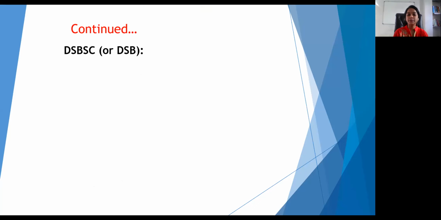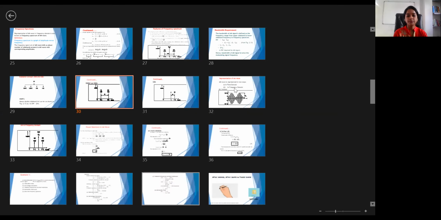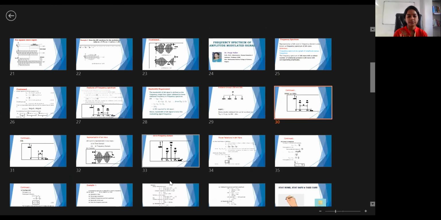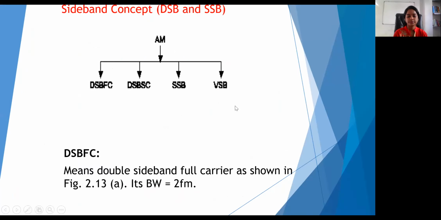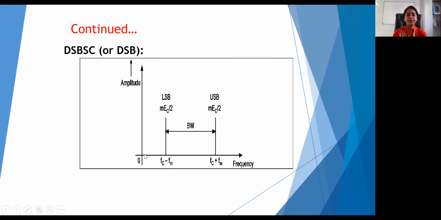Now how does the double sideband look? Here it is clear in this picture that if you have bandwidth as twice fm, you will have this as LSB and this as USB, lower sideband and upper sideband.